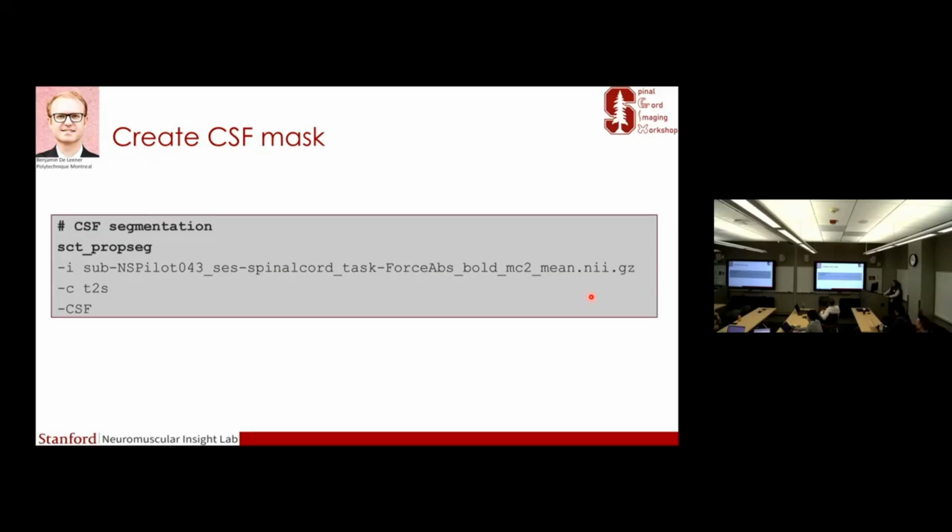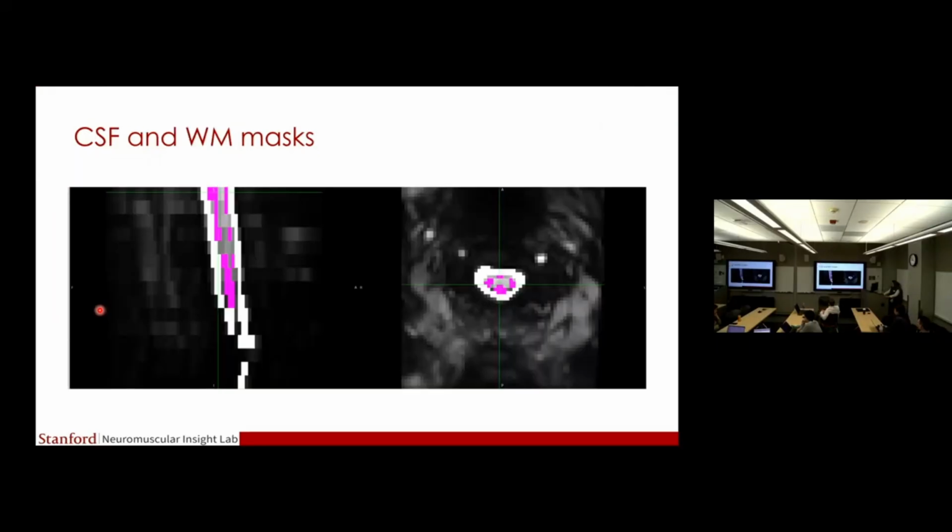And then we also create a CSF mask, and SCT has a nice functionality for that. For this, we recommend sct_deepseg_sc with the CSF option, using the motion-corrected mean image as the input, and contrast would be T2 star. And here you can see the, is this a video?